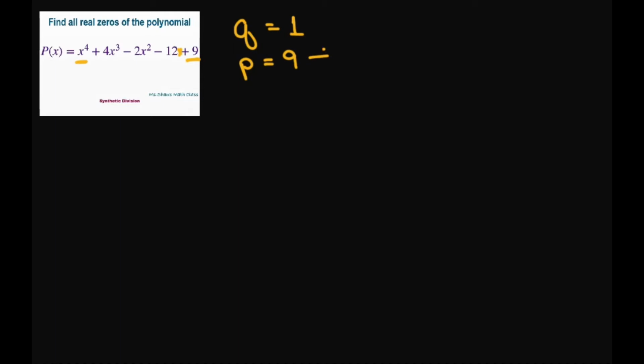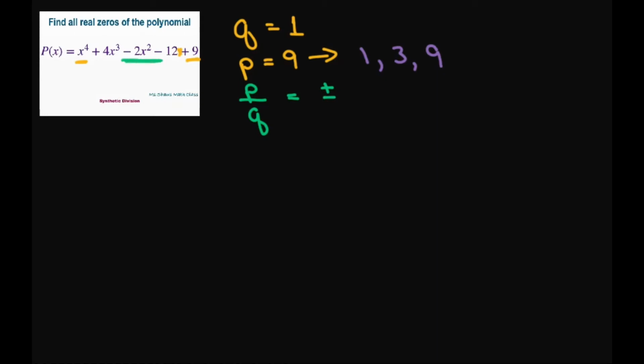And what we want to do with p is write all the factors of 9, which is 1, 3, and 9. And all we're going to do to find our possible real solutions is take p divided by q. So basically our p is going to be 1 divided by 1. And it's always plus and minus because you don't know.